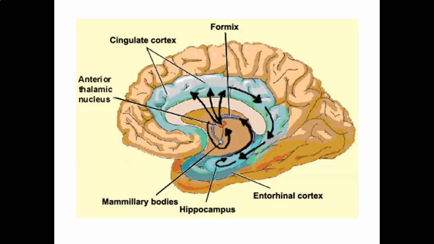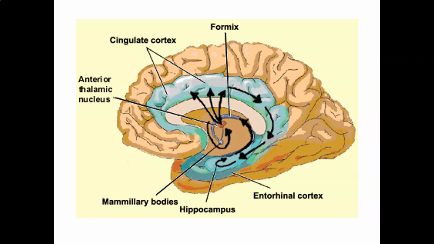So the hippocampus is really important for processing information in such a way that it's consolidated into long-term memory and distributed throughout the brain. If you damage the hippocampus, it destroys the ability to form new explicit memories.